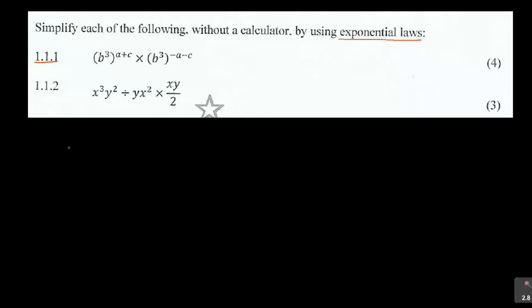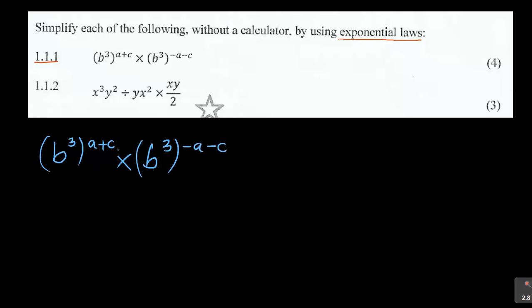Now let's write what I'm given. I'm given b to the power of 3 in brackets a plus c, times b to the power of 3 in brackets minus a minus c.